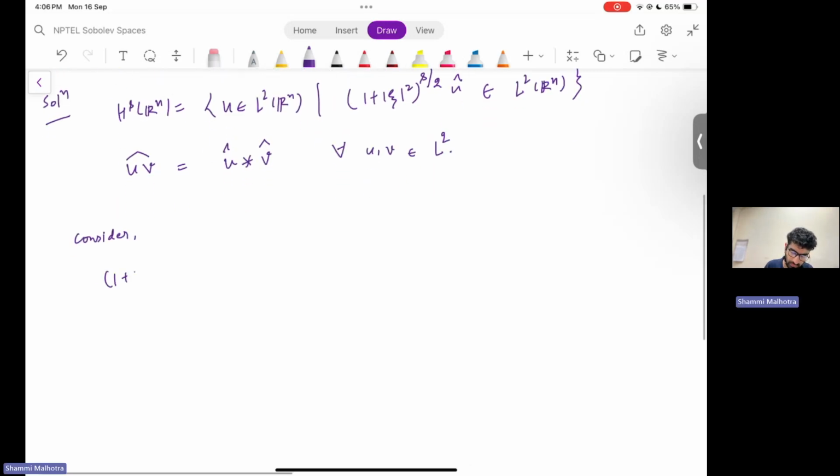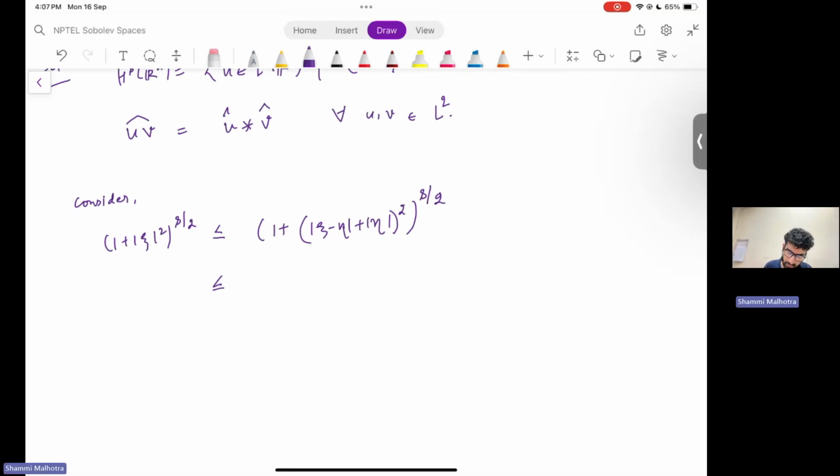So I just consider (1 plus mod xi square) raised to s by 2. With the help of the triangle inequality, what can I write this as? I can write this as (1 plus mod of (xi minus eta) plus (eta) square) raised to s by 2.